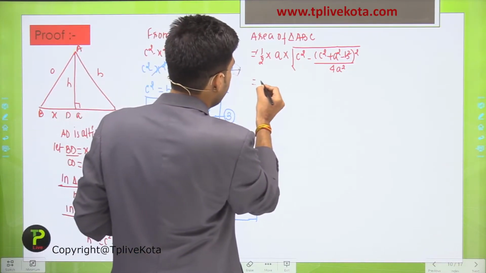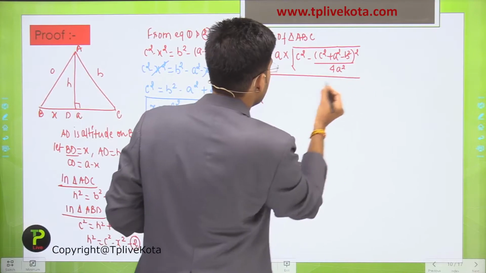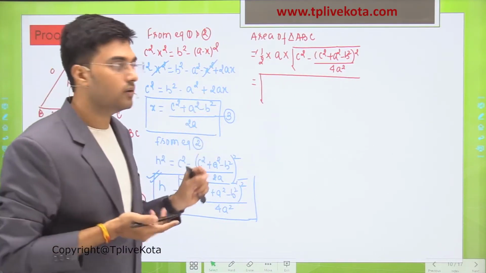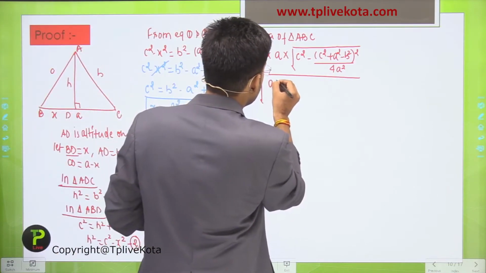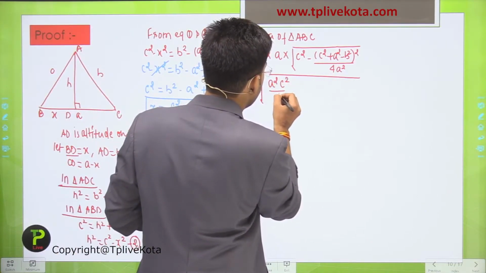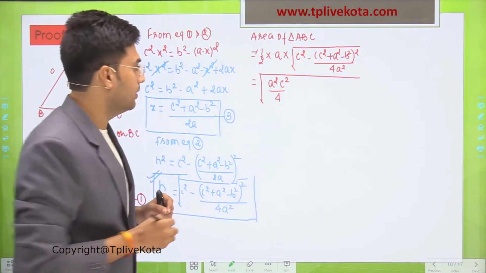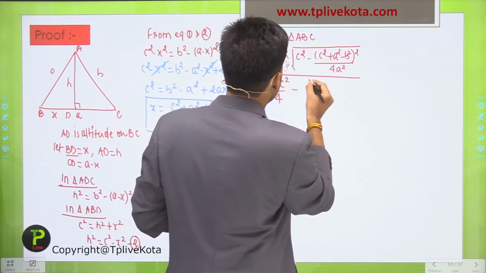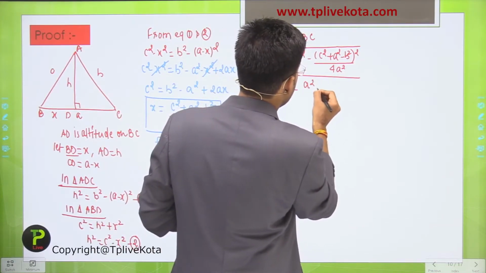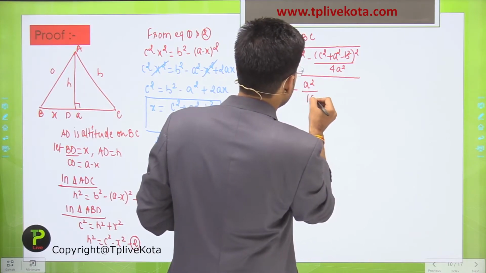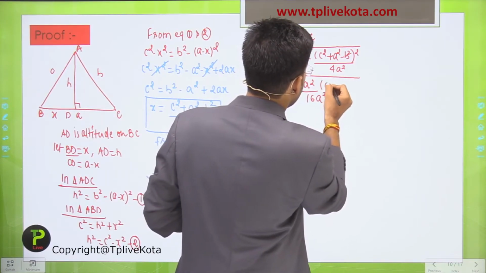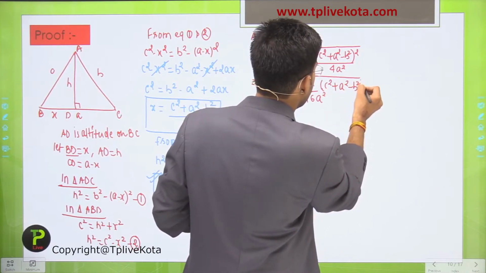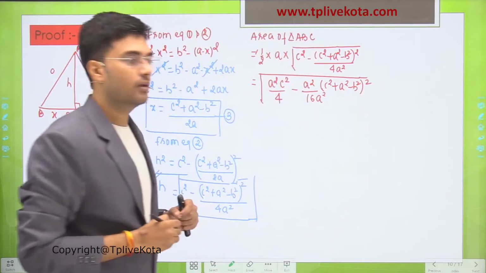So what will we get here? Under root. When we transfer this inside the square root, we have to take the square of it, so it is a square c square divided by 4 minus a square multiplied by (c square plus a square minus b square) whole square divided by 16a square. Clear?